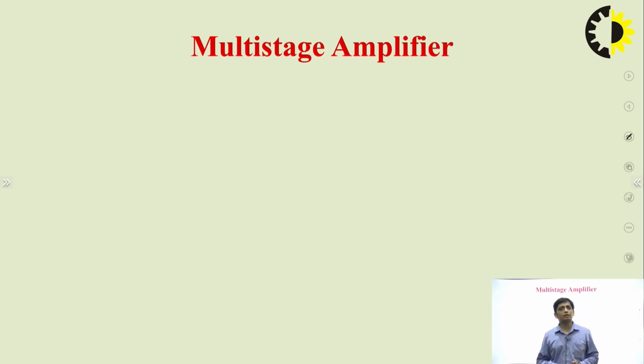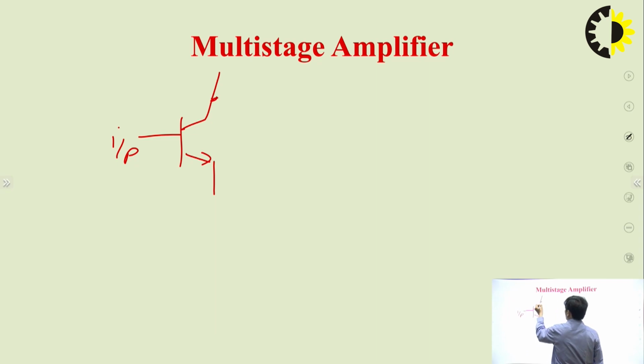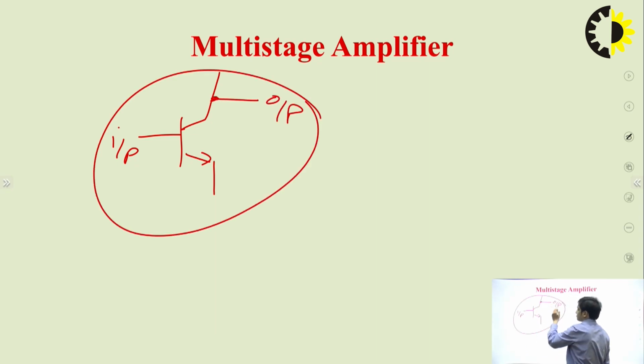Like earlier in unit 1 of analog circuits, you had studied common emitter amplifier, a common source amplifier. There, like in common emitter amplifier, the input signal is applied at the base terminal, output is taken from the collector terminal. So those amplifiers which you had studied in first unit, those are single stage amplifiers.